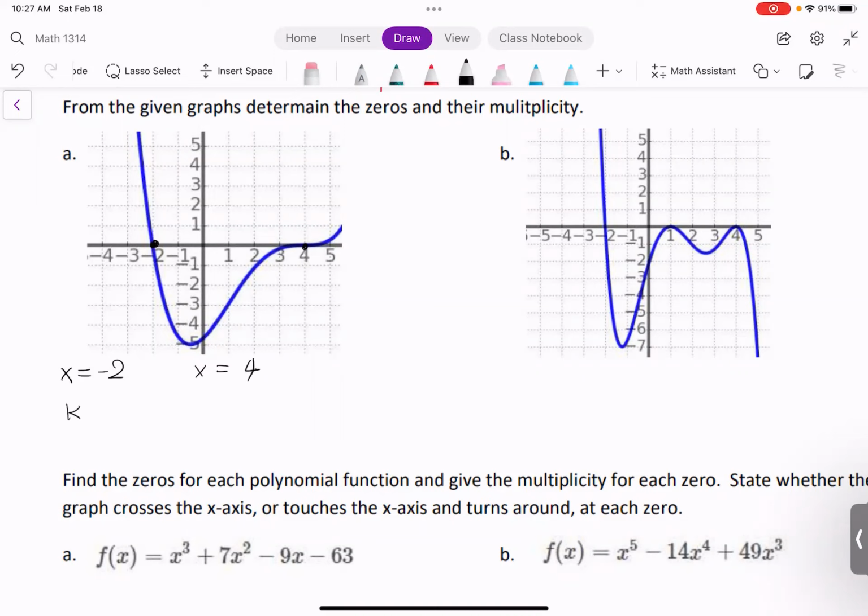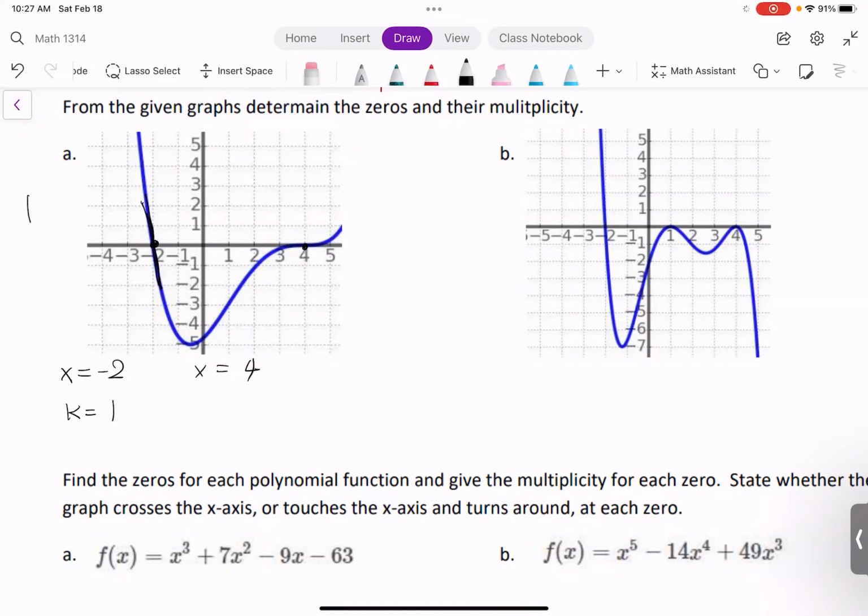Let's decide their multiplicities, k. For the first point, we see the graph crosses at negative 2. That means k must be an odd number. So k could be 1, also could be 3. But you see this straight line without any curve in or curve out, so k is 1.